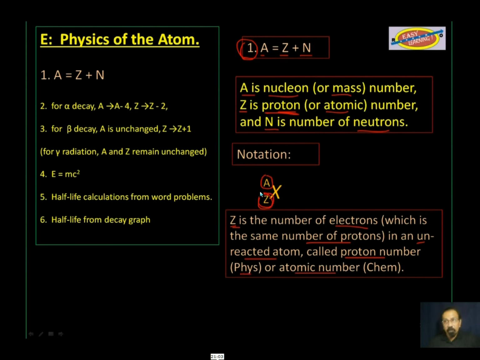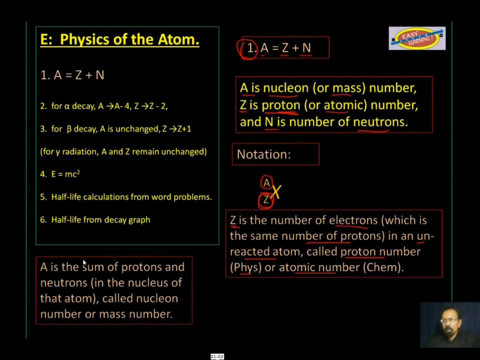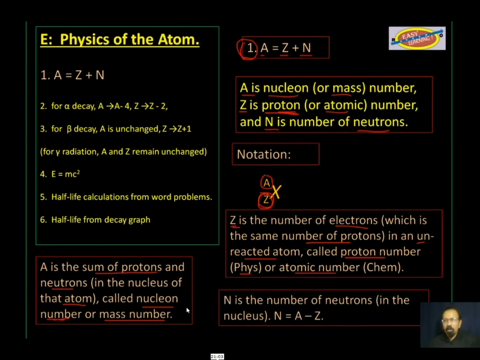That's Z. A is the sum of protons and neutrons in the nucleus of the atom, and it is called a nucleon number because it's the total number of things in the nucleus, or you would hear it also called in chemistry as the mass number. N is the number of neutrons in the nucleus. So N is equal to A minus Z.